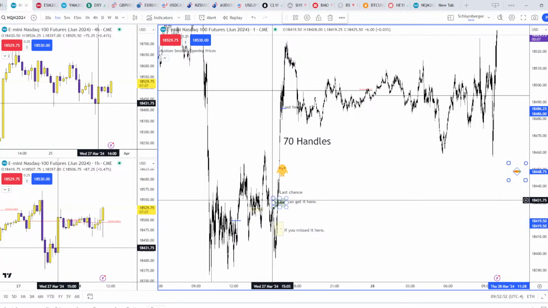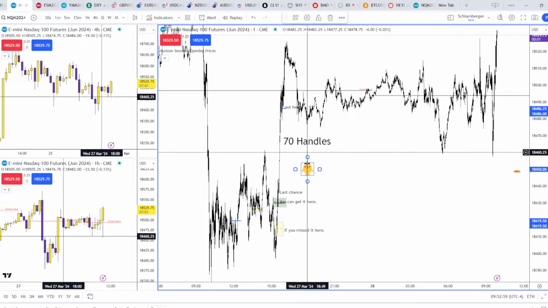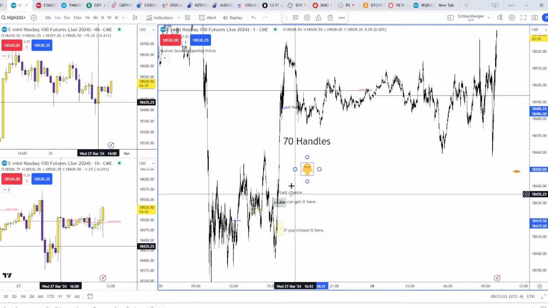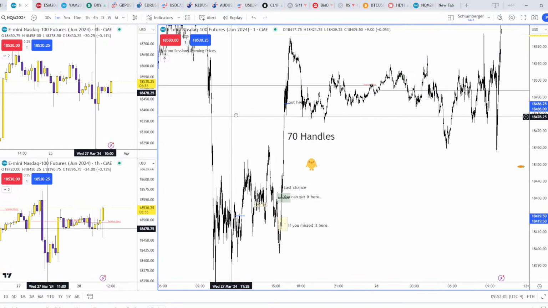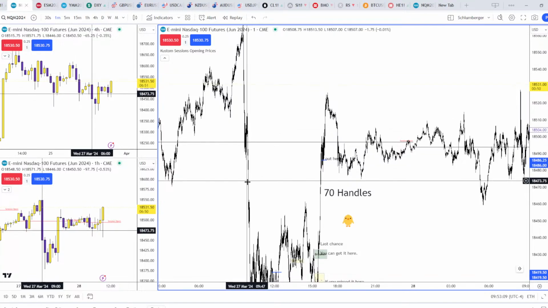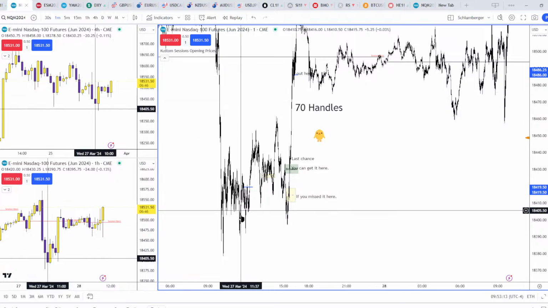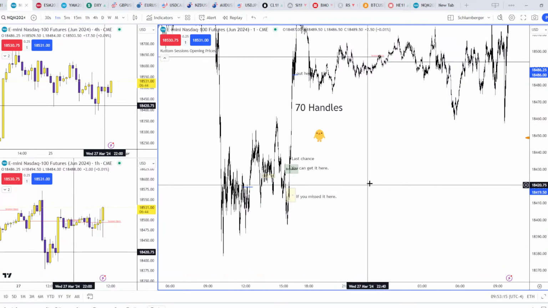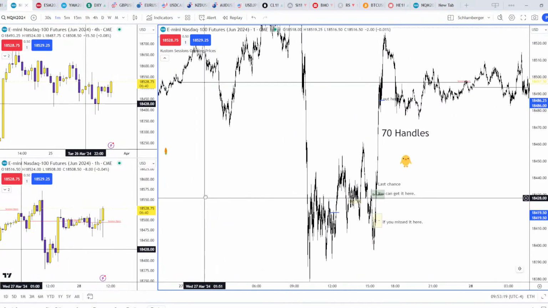If you miss it here, catch the breaker. If you catch the breaker, you already have one more chance to get in on it, and then off to the moon you go. And that was 70 handles to get out there for the reversal. But you see how this Monday open went straight through Sunday's open. Went all the way down, made the low of the week in Monday. Is that Monday or yesterday?